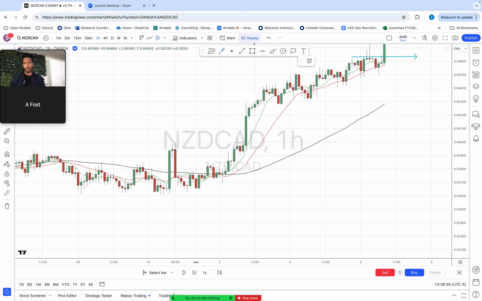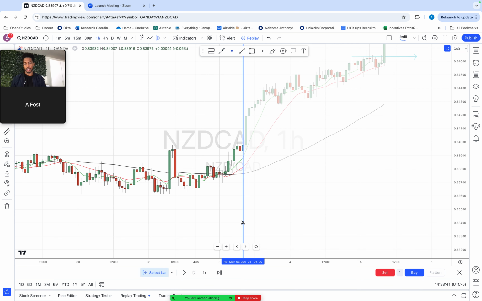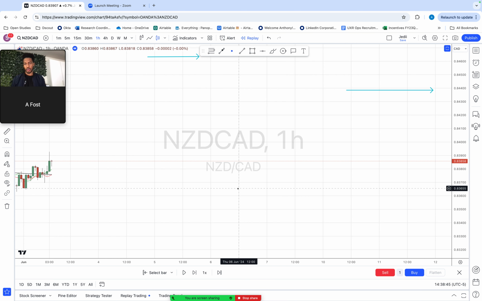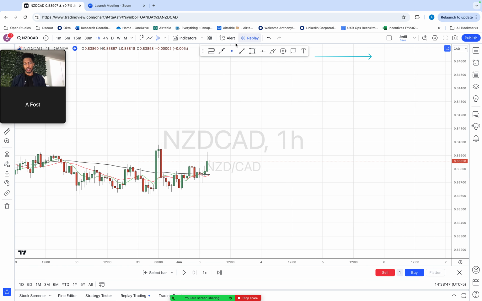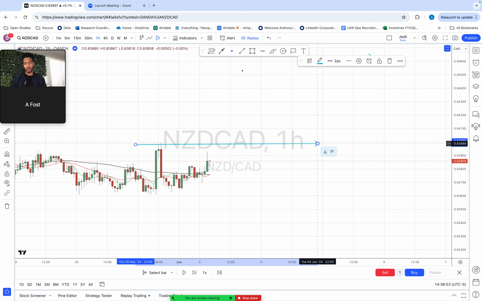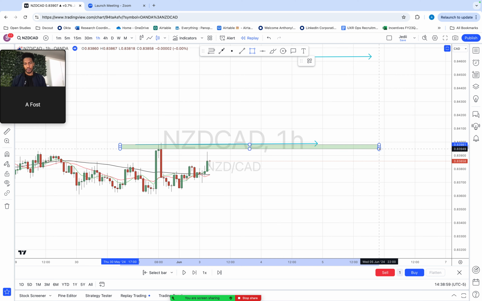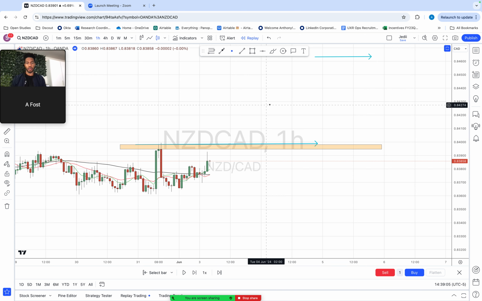I guess we'll get one more in right here since we have a nice one. Let's just check out this area. So say you have this little resistance level. I'll also draw a little exhaustion zone right here just for more practice, from the bullish wick to the bearish body. I'll change the color of that, I'll make it orange.